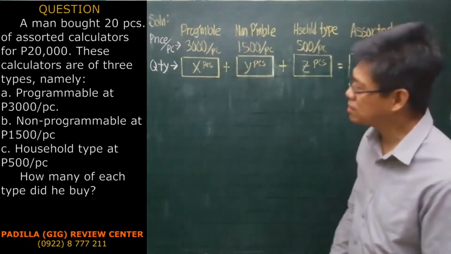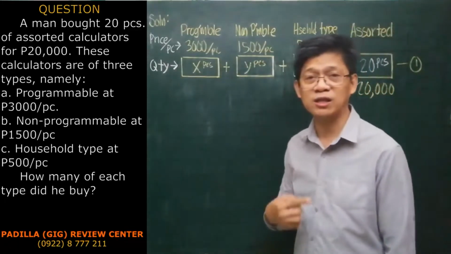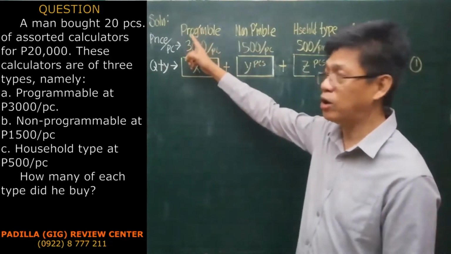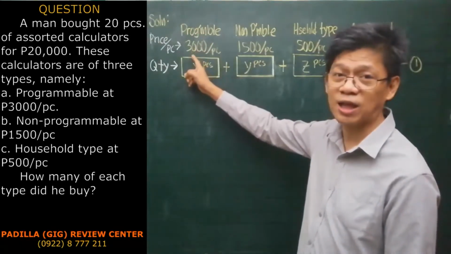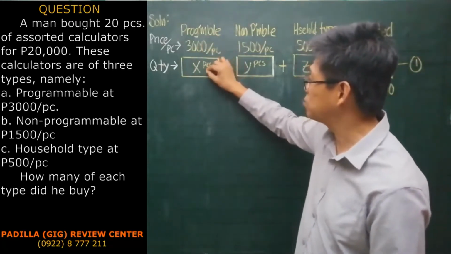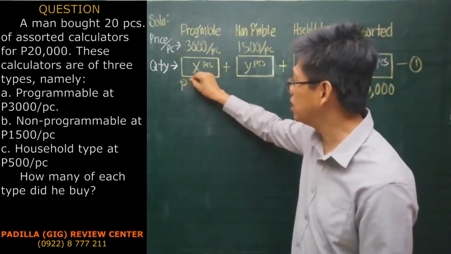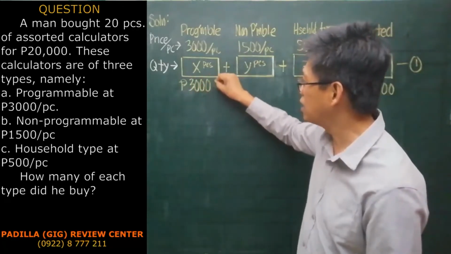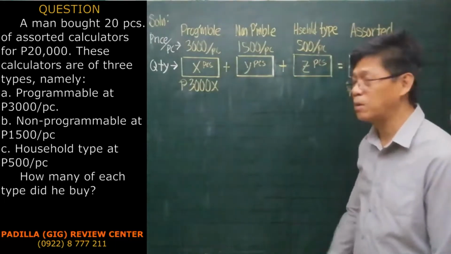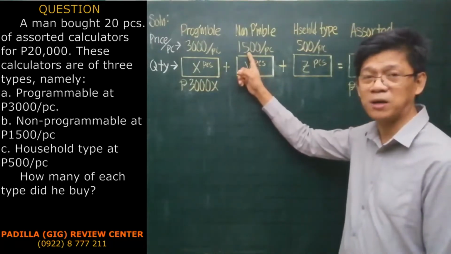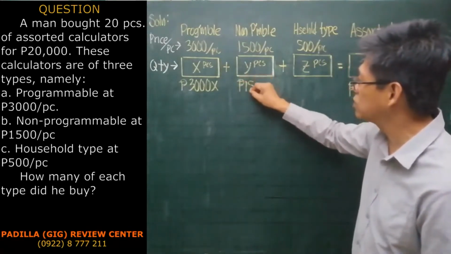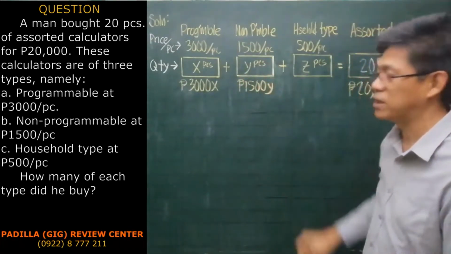The next is this. If we calculate the amount he paid for each type of calculator he bought, X pieces at 3,000 per piece, so this would be 3,000 per piece times X pieces. That is going to be 3,000 X pesos. While the amount he paid for non-programmable is 1,500 pesos per piece times Y pieces, that is 1,500 Y pesos.